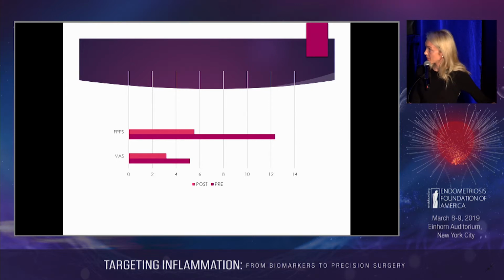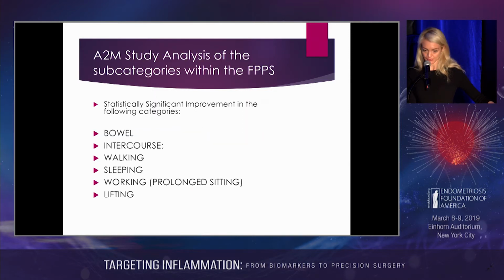So the pre and post functional pelvic pain scale went from 13.5 down to 5.6, and the pre and post VAS scale went from 5.8 down to 3.6. Also interestingly enough, the significant improvement was shown in bowel, so pain with bowel movement, pain with intercourse, ability to walk, sleep, and prolonged sitting, as well as lifting.